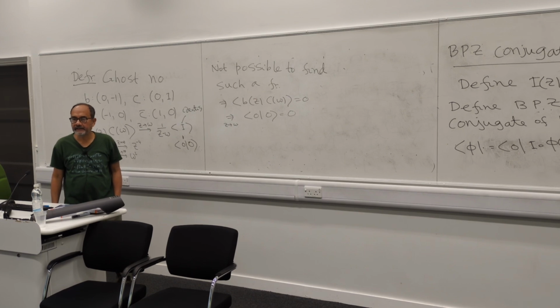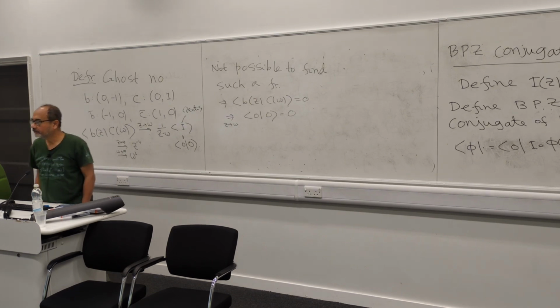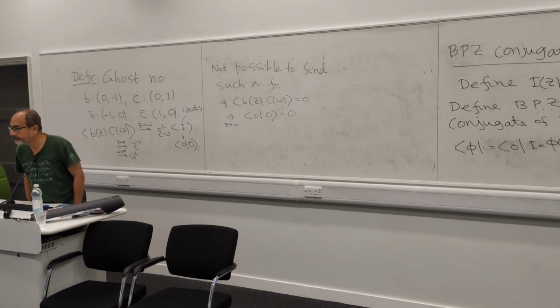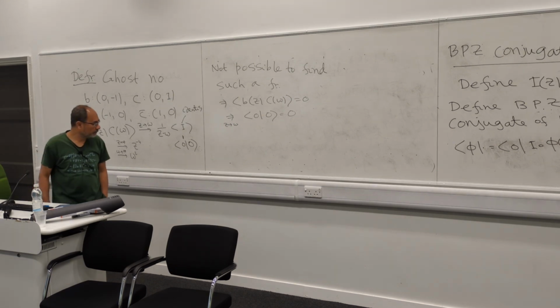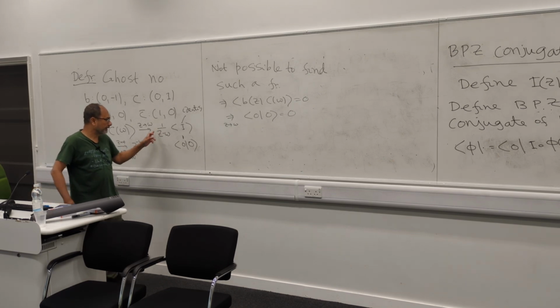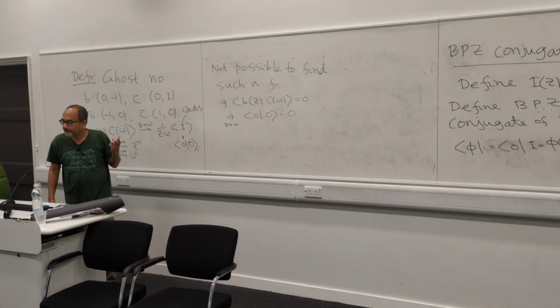Is this clear? Yeah, the point is there can be a non-singular piece, but just by looking at the singular piece, you see that the correlation function must be 0.